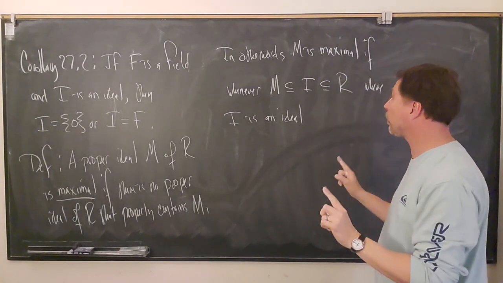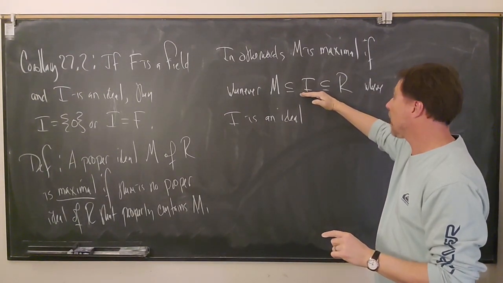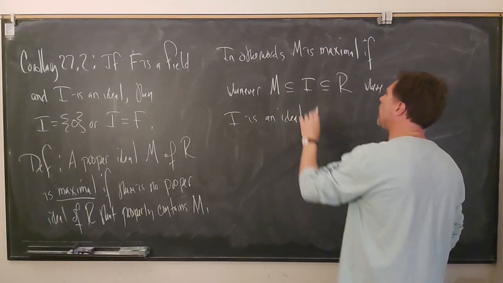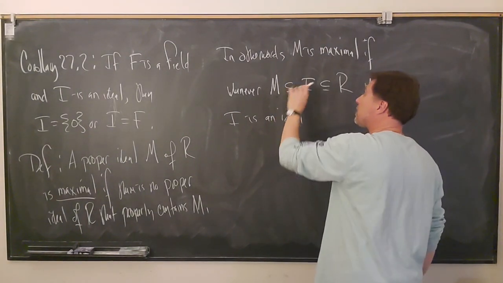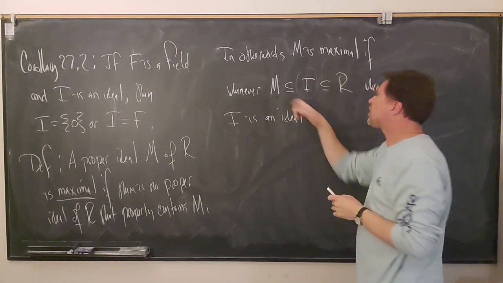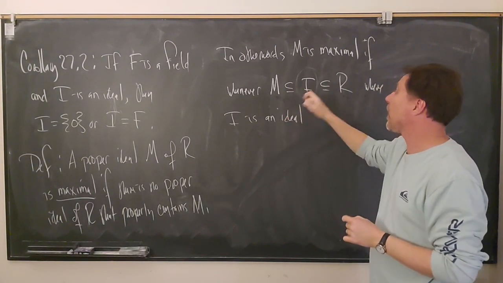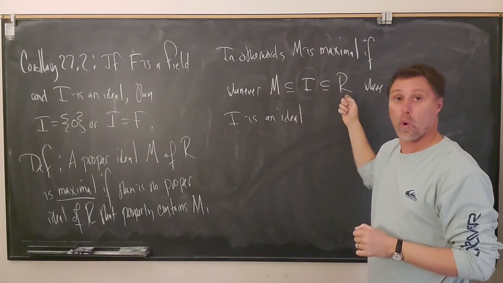There's no proper ideal that properly contains M. So if it's going to be maximal, there is nobody that lies strictly in between these two.